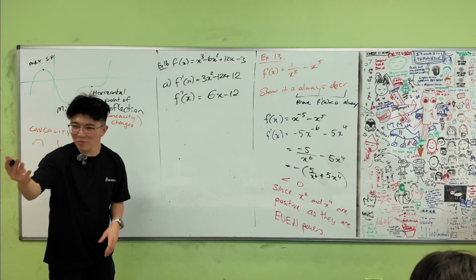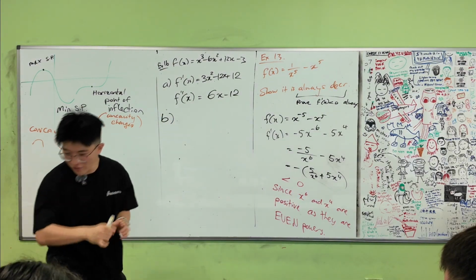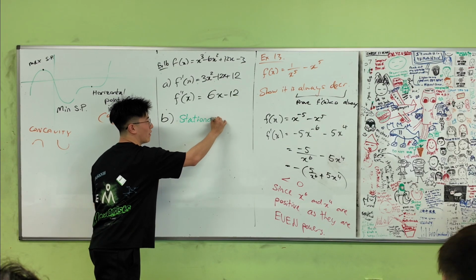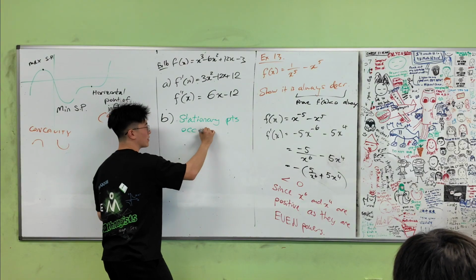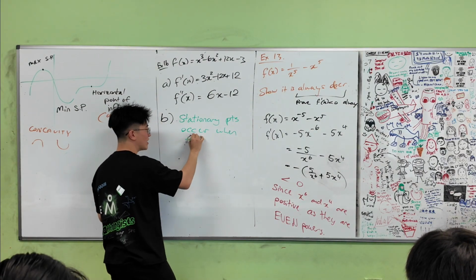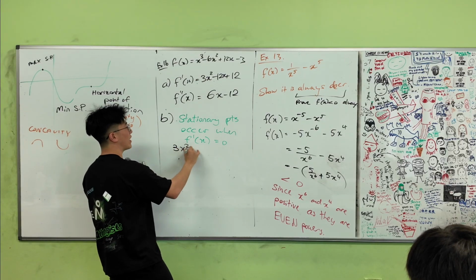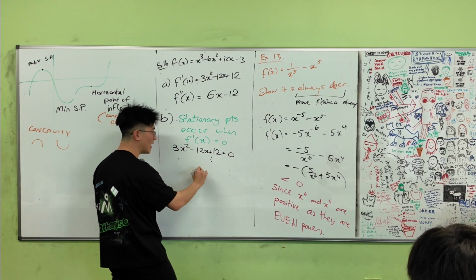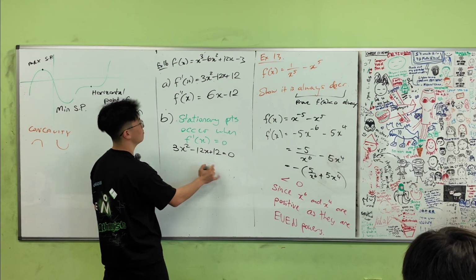Okay, part B, show that C has a stationary point. Do you remember we did this already in the other question? What's the thing you write in the exam? Stationary points occur when f dash x equals 0. So you're going to solve 3x squared minus 12x plus 12 equals 0.